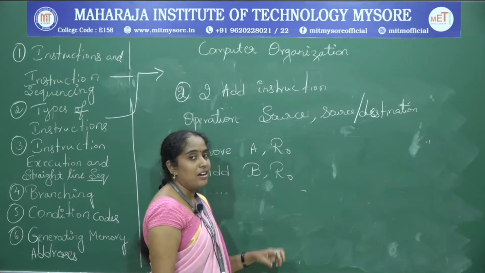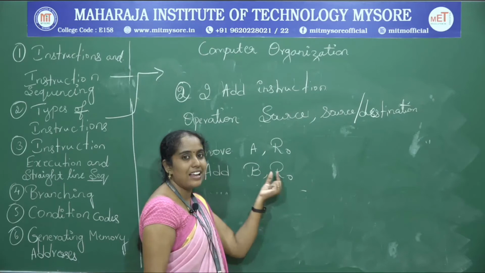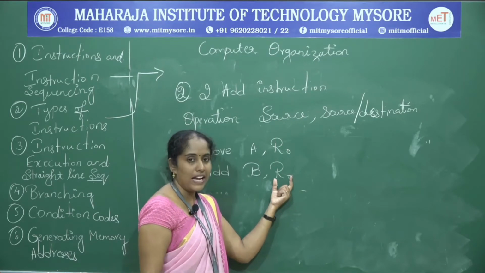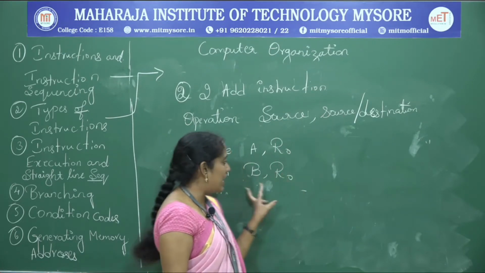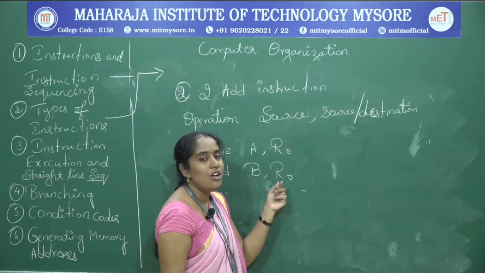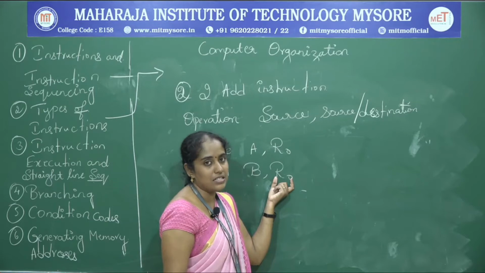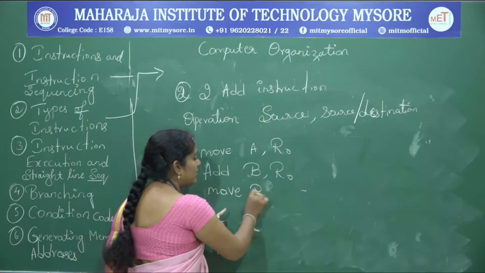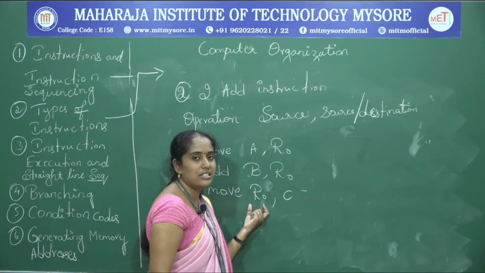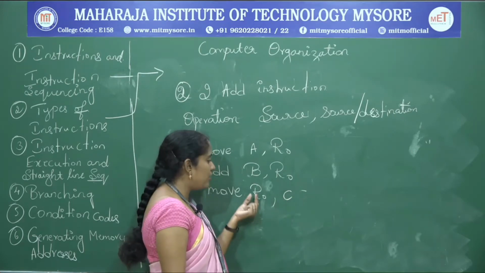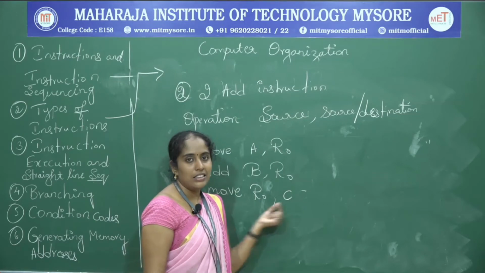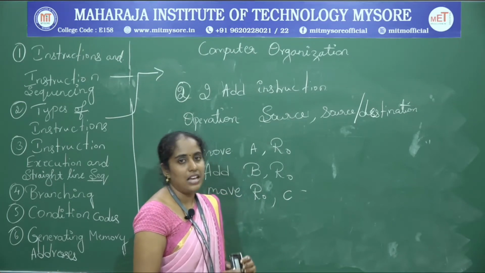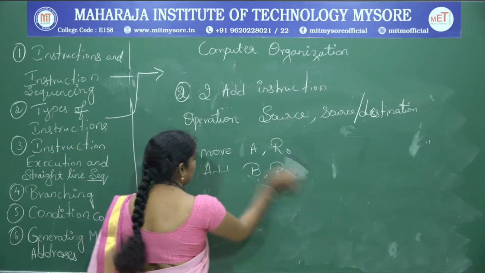Here you take two values, one from B and another from R0. B acts like a source, and R0 is first a source, then you add these two numbers and store the result in R0, so it acts as both source and destination. Next is move R0 comma C. Here R0 is a source and C is the destination, and the result is stored in C. This is the two address instruction. The next type is the one address instruction.